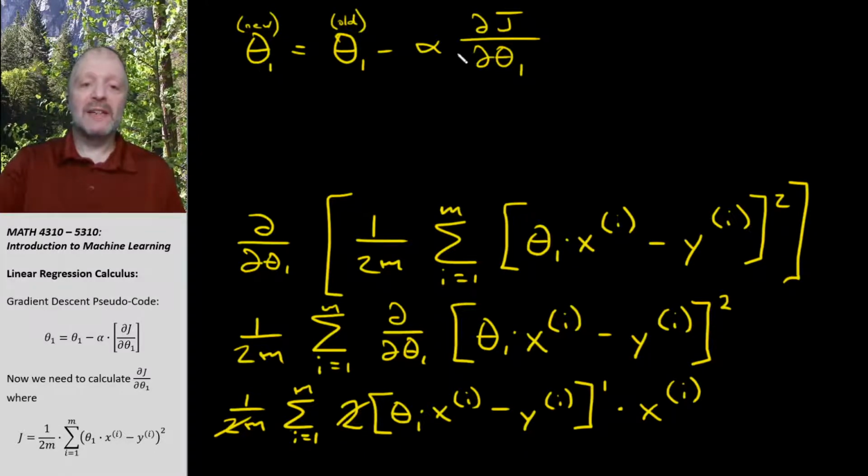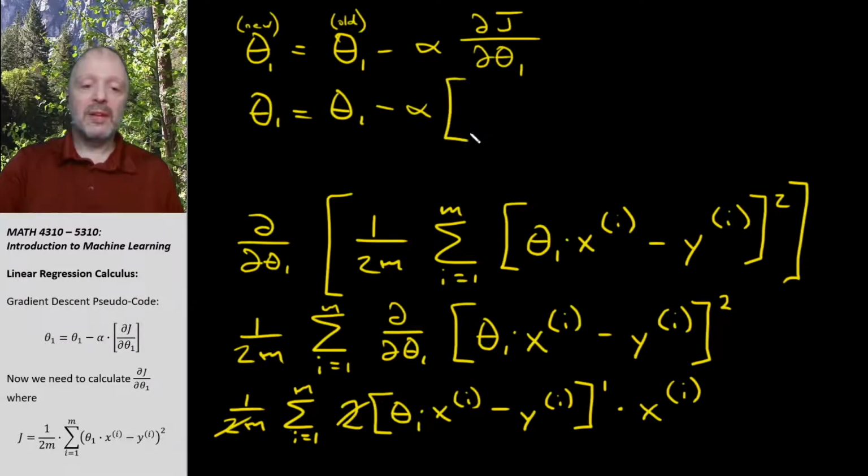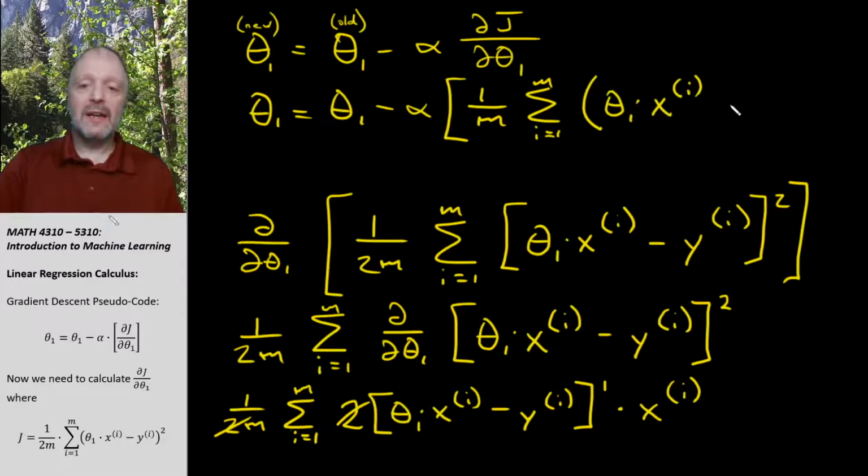So now I'm going to update this right here with what we have here. So this is going to be theta 1 gets theta 1 minus alpha times big bracket 1 over m summation i from 1 to m of theta 1 times x_i minus y_i times x_i.